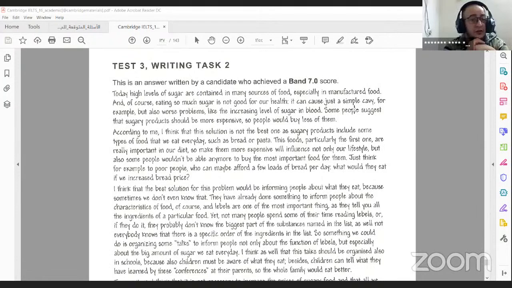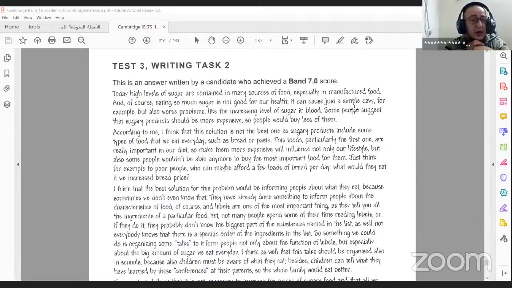Today, and of course, eating so much sugar is not good for our health. It can cause just a simple cavity, for example, but also worse problems, like the increasing level of sugar in blood. Some people suggest the sugary products should be more expensive, so people would buy less of them.